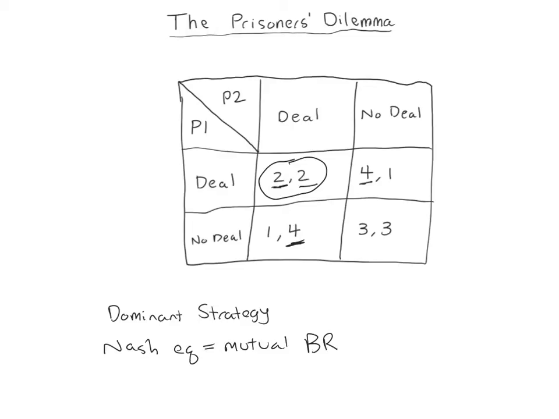A Nash equilibrium is defined as mutual best responses, and in terms of looking at the chart, that means that all the numbers are underlined so that everyone's playing a best response. Both of these terms, dominant strategy and Nash equilibrium, are important, and probably the most important thing is being able to underline the best responses in order to find those Nash equilibria and dominant strategies. So make sure you do some of the practice problems in the book and on the website and on the problem set so that you can be confident you can identify Nash equilibria.